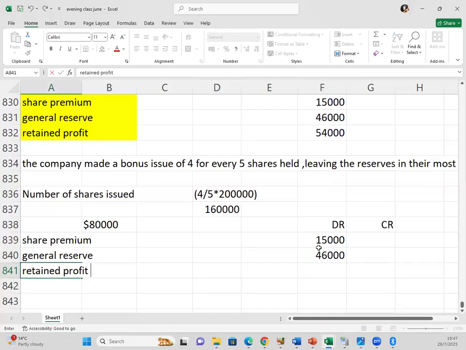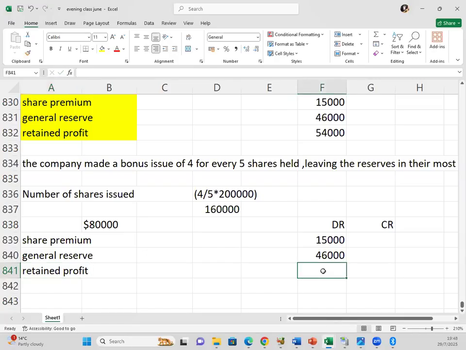If we add 46 plus 15 to make it 80, how much? What's 46 plus 15? 61. So the retained profit, you're just going to take the balance to make it 80.